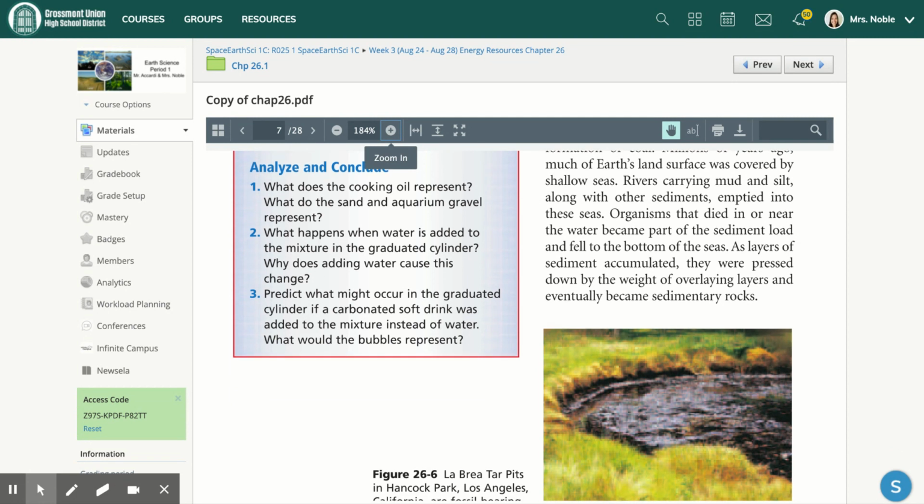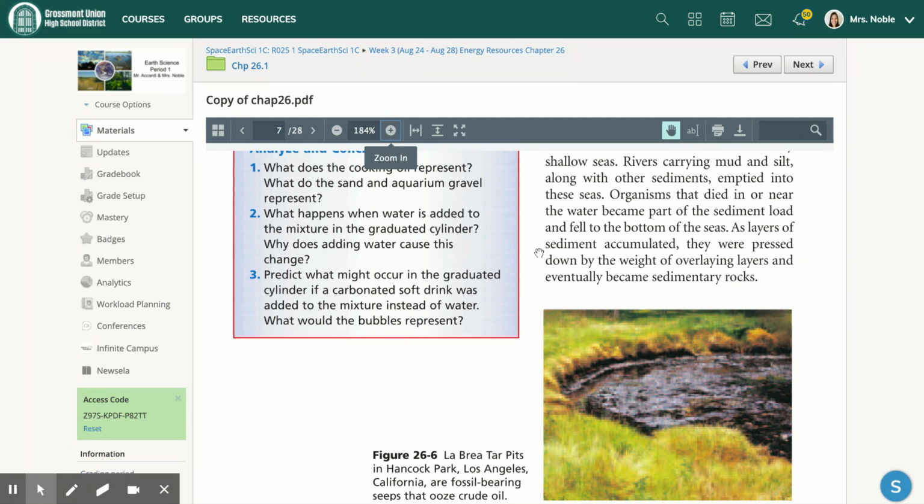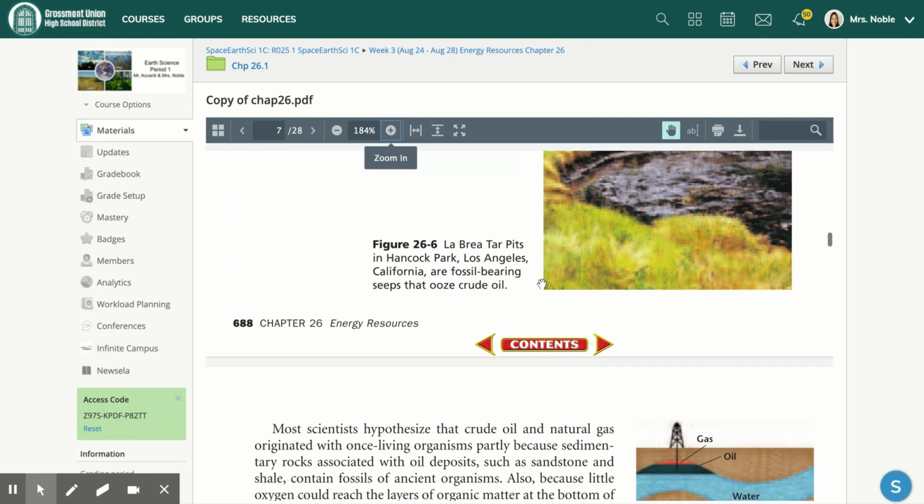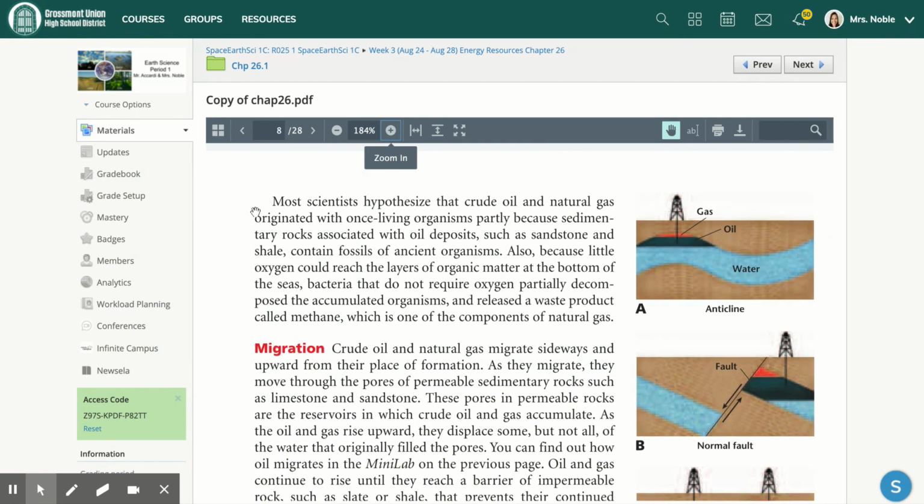As layers of sediment accumulated, they were pressed down by the weight of overlying layers and eventually became sedimentary rocks. Most scientists hypothesize that crude oil and natural gas originated with living organisms, partly because sedimentary rocks associated with oil deposits, such as sandstone and shale, contain fossils of ancient organisms.